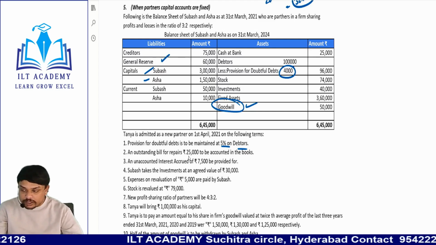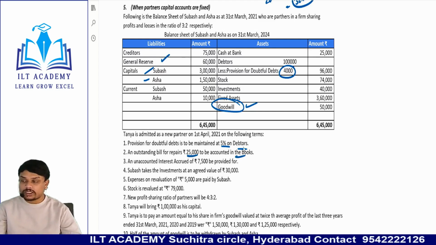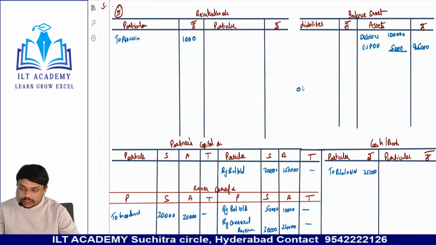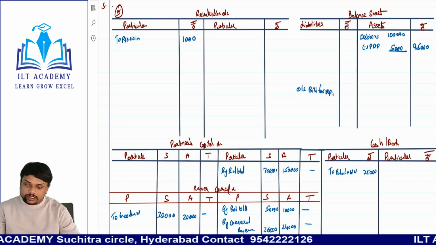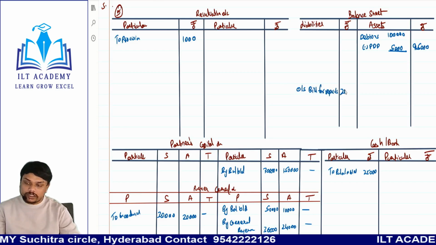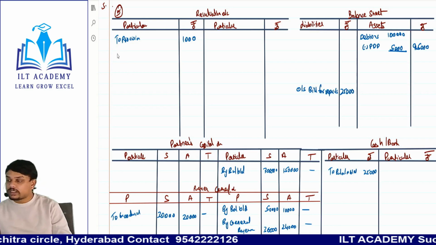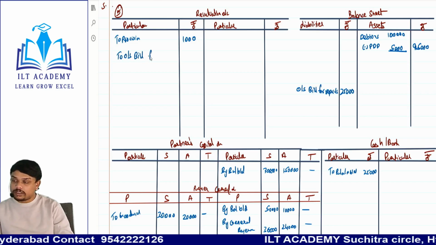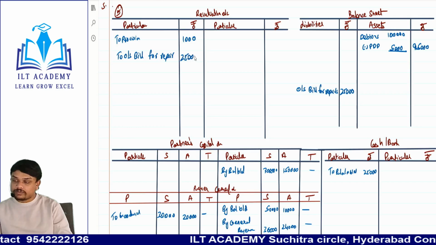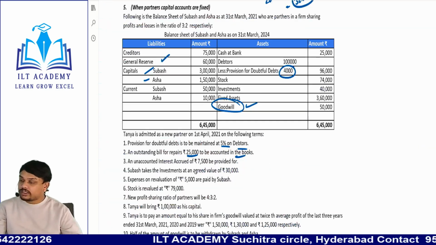An outstanding bill for repair of 25,000 is not accounted in the books. Forgot to mention this outstanding bill for repairs, 25,000. This is going to be revaluation loss. So outstanding bill for repair 25,000.